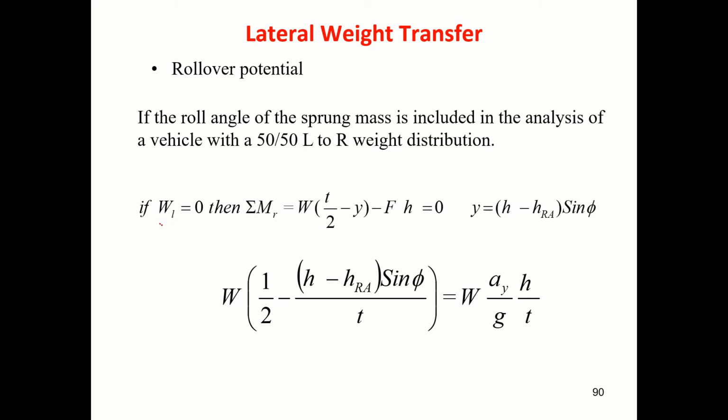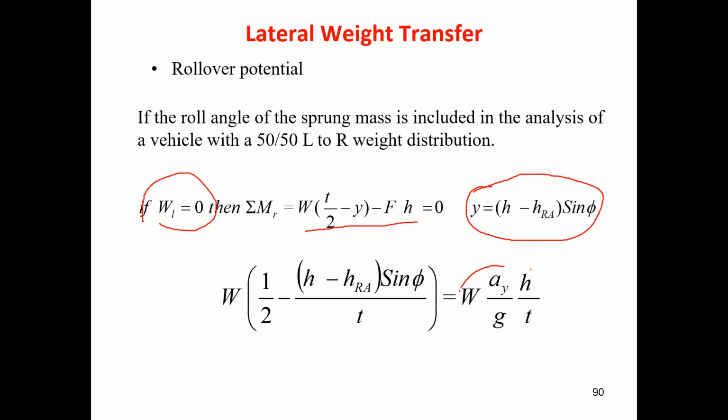Now in that, if WL is equal to 0, my equation will be like this. And as I said, from the triangle, you find y is equal to this. So now W, I have taken out T out, then it will become half, in place of y I substituted, is equal to FH.